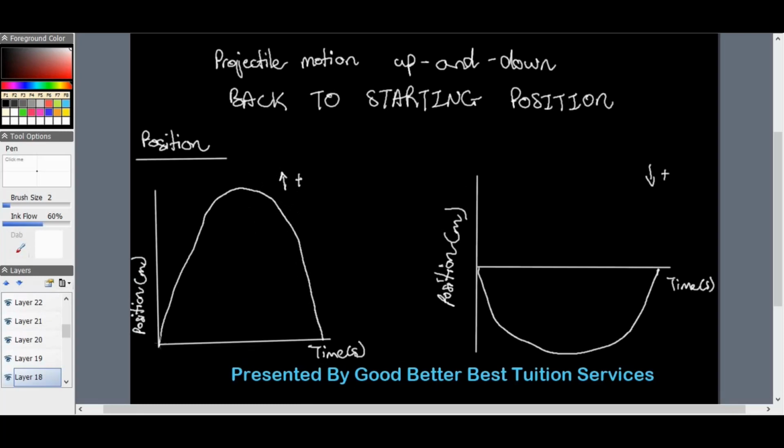So this position here and this position over here are the starting point. It returned to the starting point, which was also its end point. And that is the position. The starting position was taken as the reference point, and that was obviously 0.